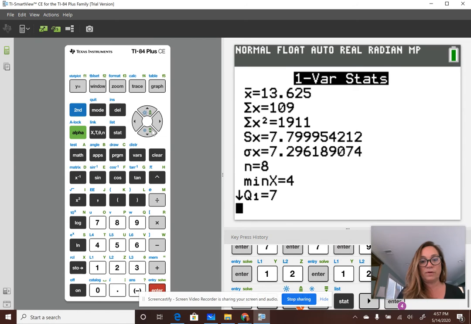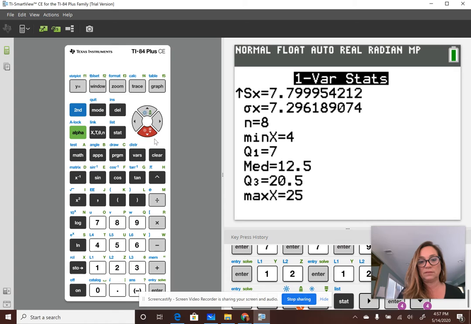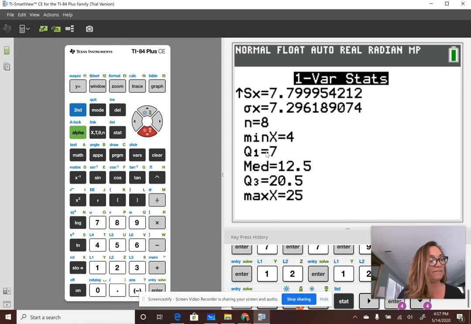Okay, so right here, you can see 20.5 minus 7, that's where I got the 13.5. And then right here, sigma x, or population standard deviation, we round to 7.3. Okay, so that's how you do it.